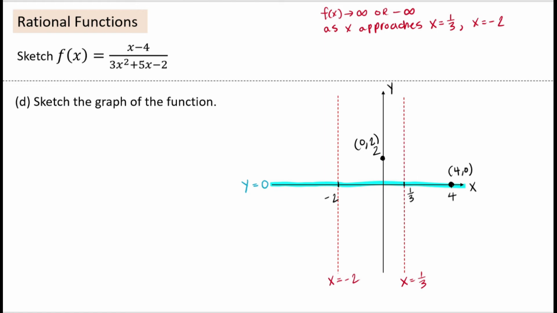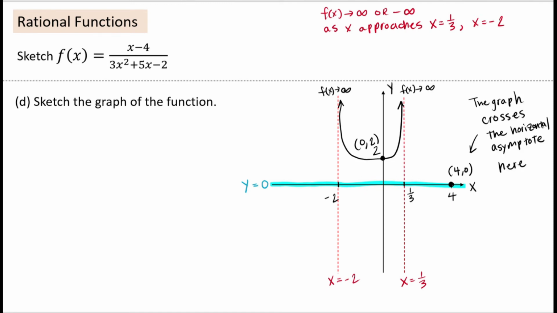As x approaches 1 over 3, the graph approaches infinity. It cannot approach negative infinity because the graph does not cross the x-axis on the interval. Similarly, as x approaches negative 2, the graph approaches infinity.